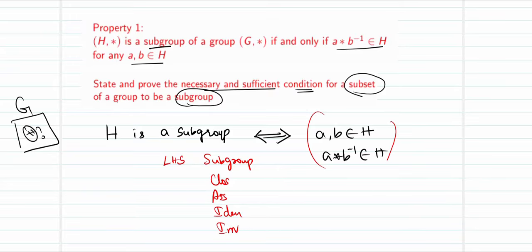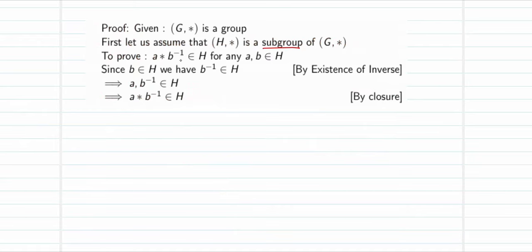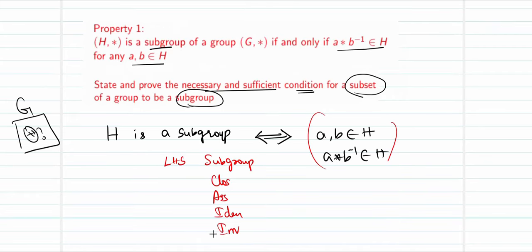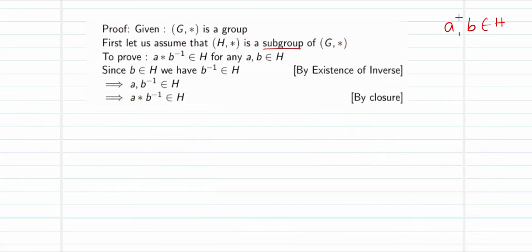So when I pick any two elements A and B that belong to H, I know that every element has an inverse. Inverse elements exist. So B inverse also belongs to H. So whenever I have B belonging to H, B inverse also belongs to H by existence of inverse.